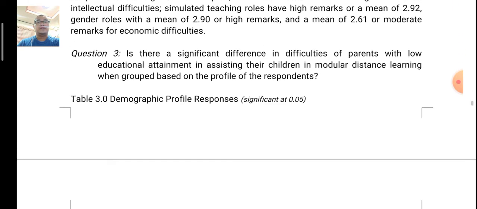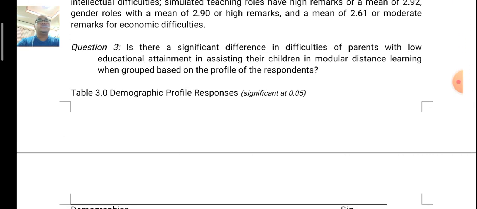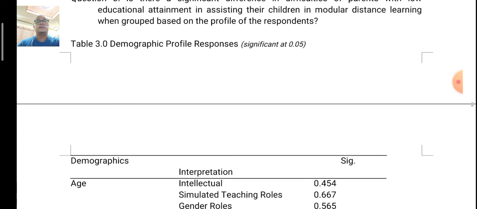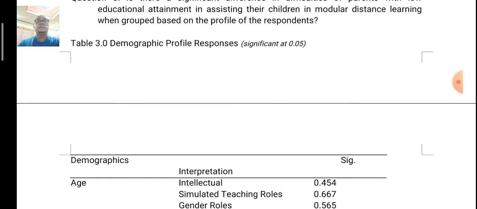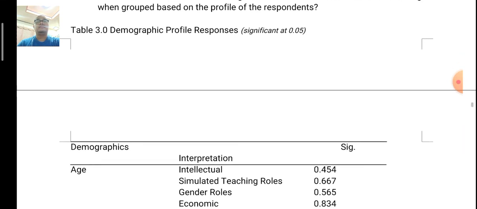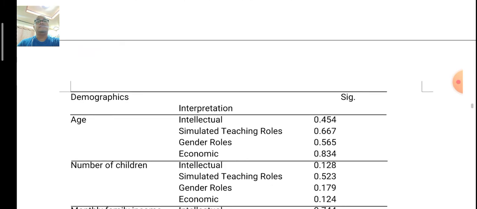So, ito. Question is there a significant difference in the difficulties of parents with low educational attainment in assisting their children in modular distance learning when grouped based on the profile of the respondent? So, ito na yung demographic profile response. May note na significant at 0.05. 0.05 or below significant siya.